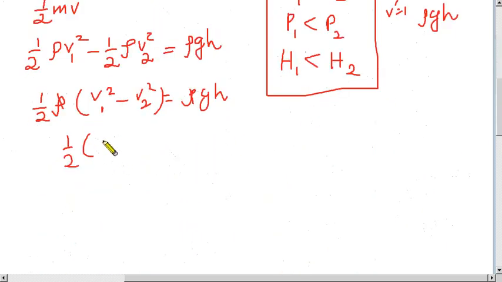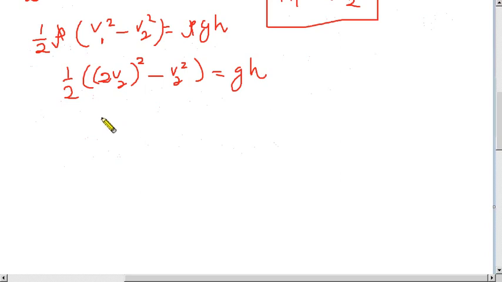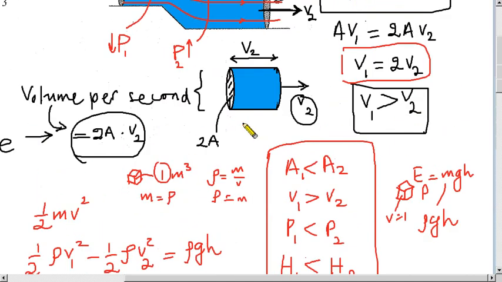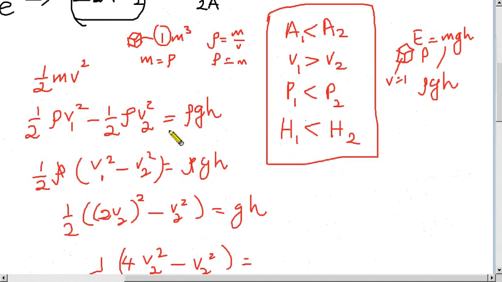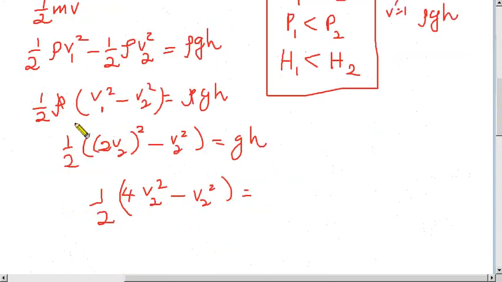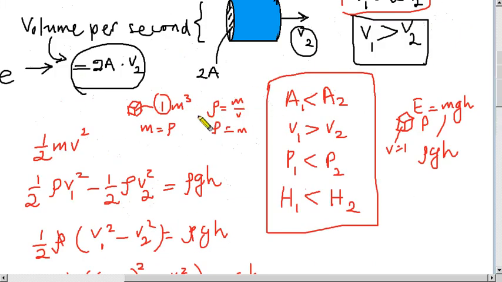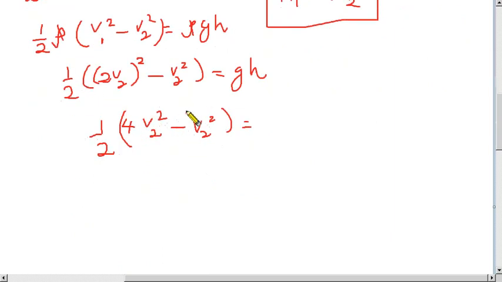So half times (2 times v2) squared minus v2 squared equals gh. Then half, 2 times 2 means 4, then 4 v2 squared minus v2 squared. This v2 we just leave as it is because we want v2. For v1 we substituted from here because we want to eliminate v1.